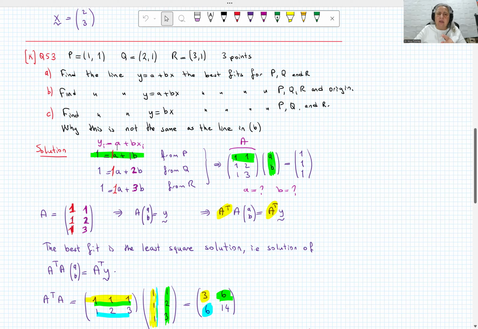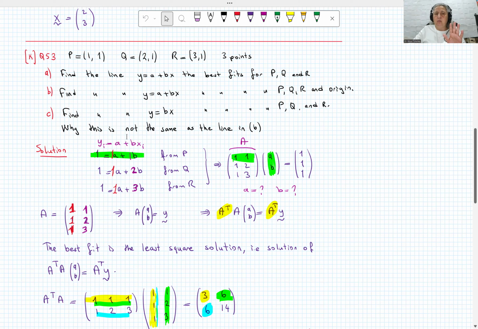So A is the starting point. We don't know it yet, but it's a number. Our aim is to find A, because we want to find the line equation best fit to these 3 points. This is why the coefficient of A is 1.